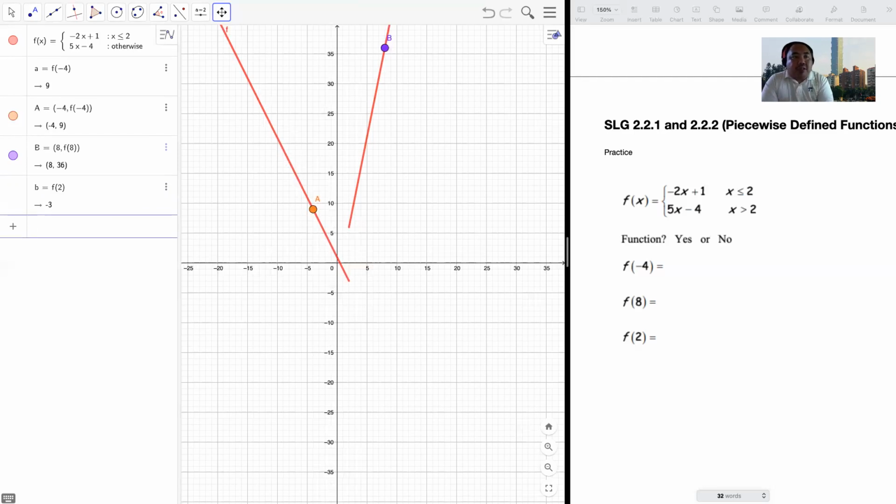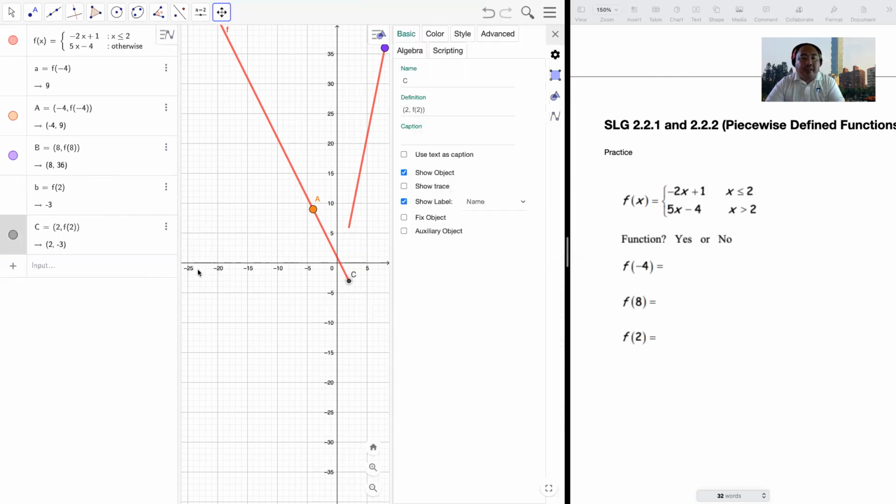Why is that so? Because we said, when x is exactly 2, we follow negative 2x plus 1. So that's negative 2 times 2, negative 4, plus 1, negative 3. Indeed. Okay, so let's plot the point 2, f of 2.